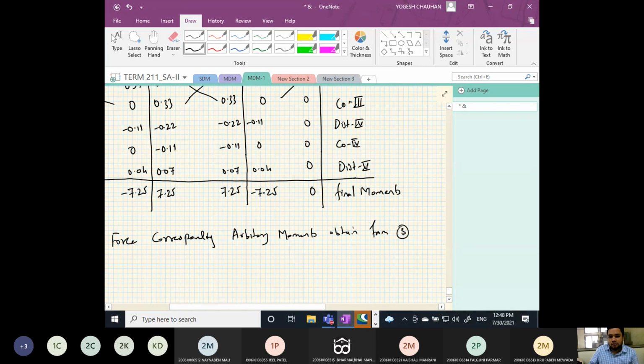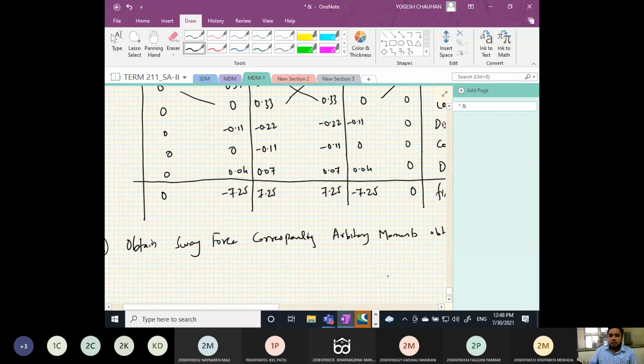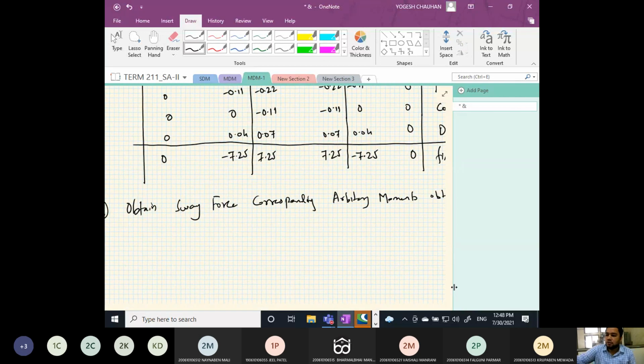Okay, and then we carry out the sway correction.